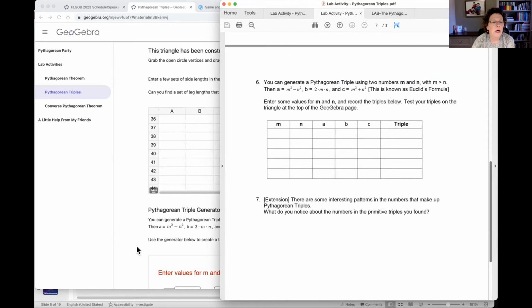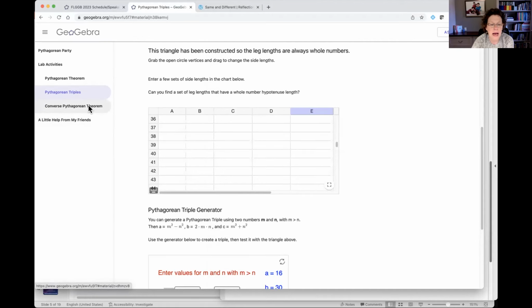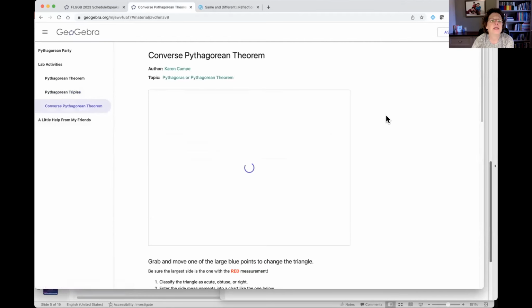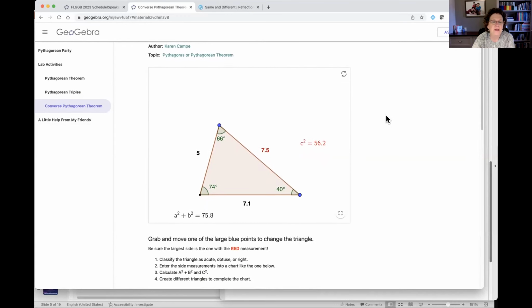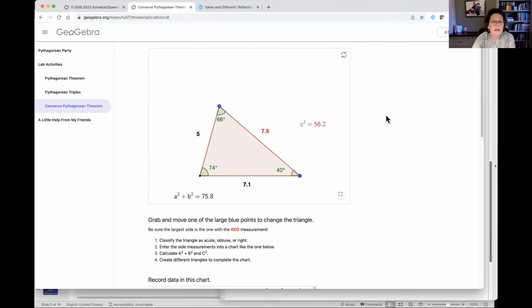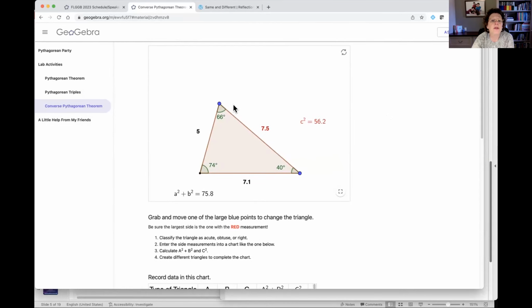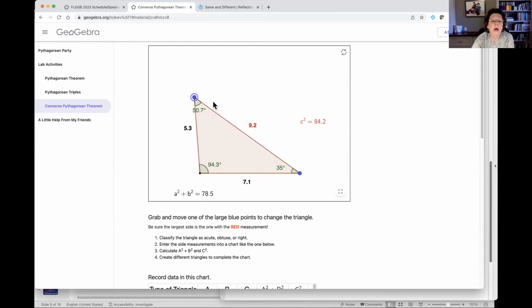Okay, let's move along. Our third lab activity is the converse of the Pythagorean theorem. And this is another one of my favorite activities, an action, consequence, reflection activity. And the GeoGebra lab says, grab and move one of the large blue points to change the triangle.